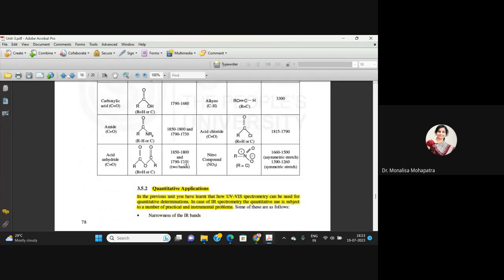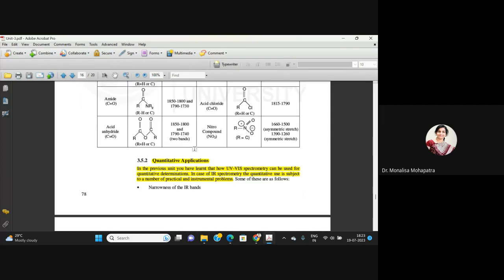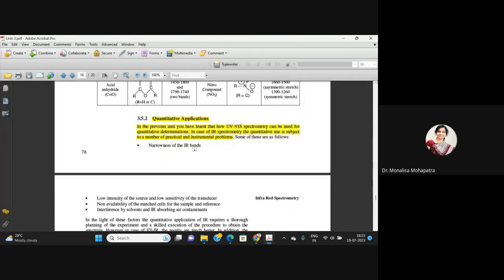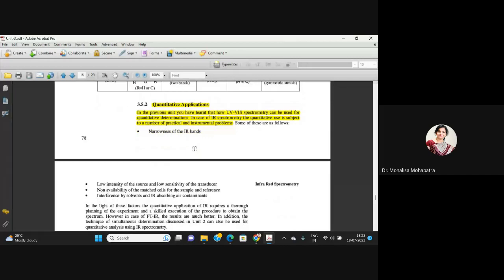That information you can get. For this, so much reading and so much practical knowledge and so much effort you have to put in to the structural elucidation of an organic molecule.